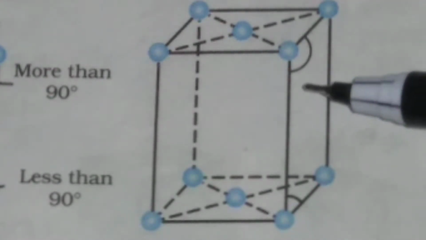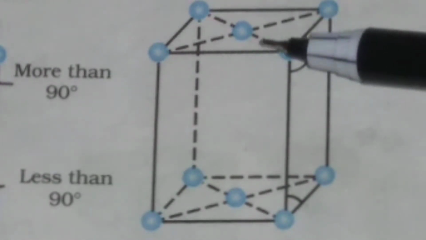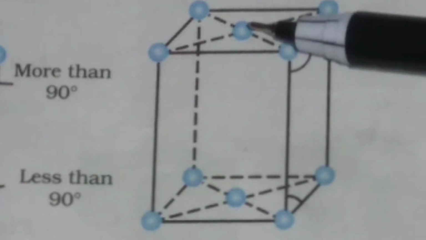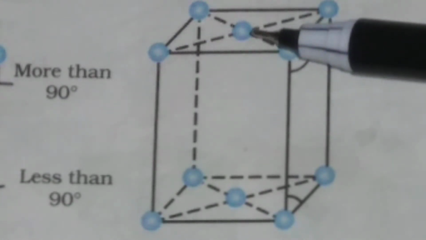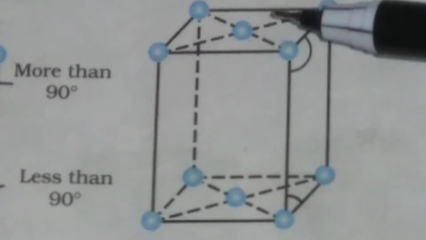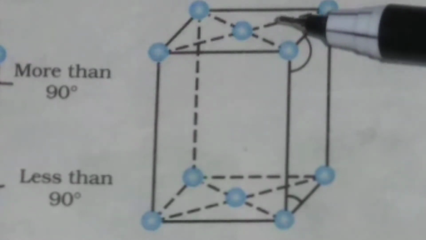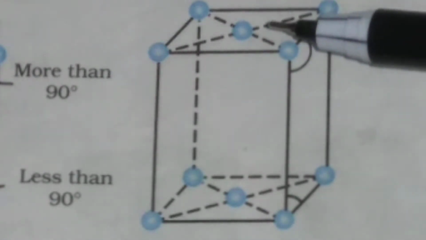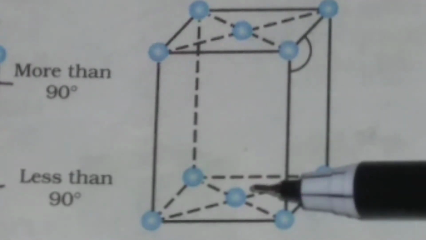In the case of an end centered unit cell, you have one constituent particle at the center of any 2 opposite faces, either this face or this face.